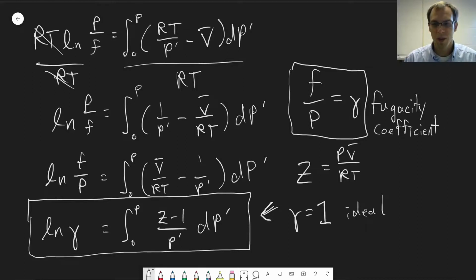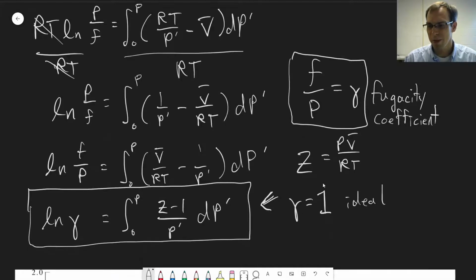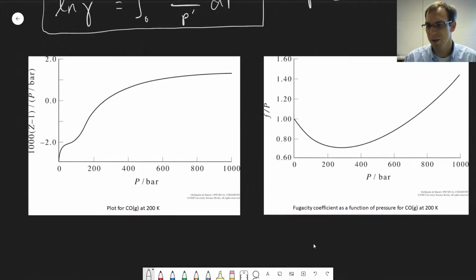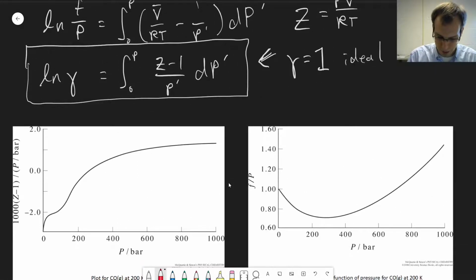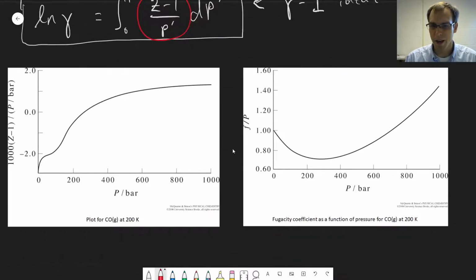Okay, so let's go ahead and look at some data here. So these are figures from your textbook. This is looking at carbon monoxide, and what this is a plot of is that function that we need to integrate. So coming back up here, this function Z minus 1 over P, that's what's being plotted on the y-axis here.